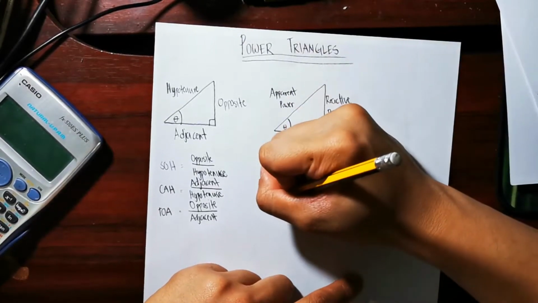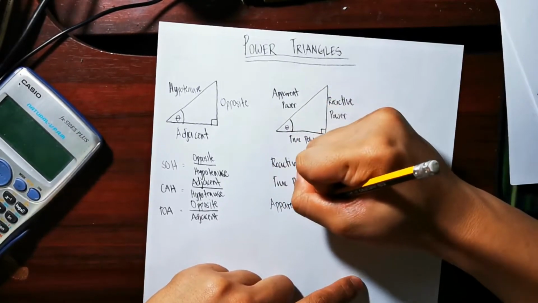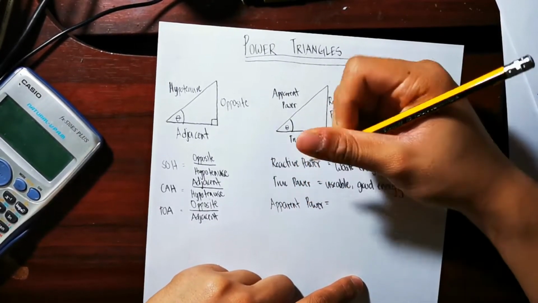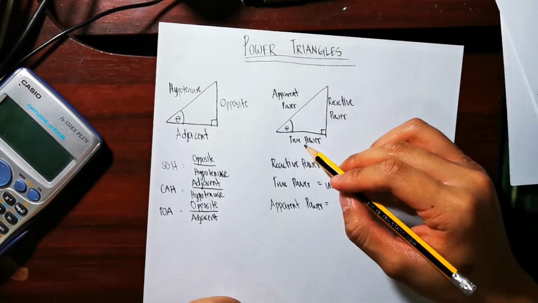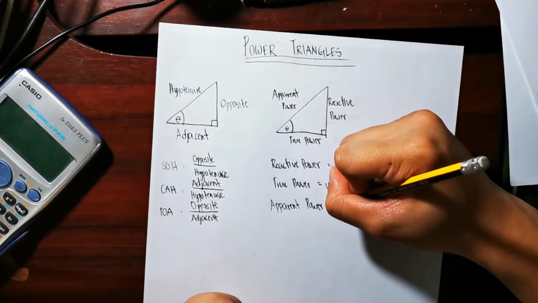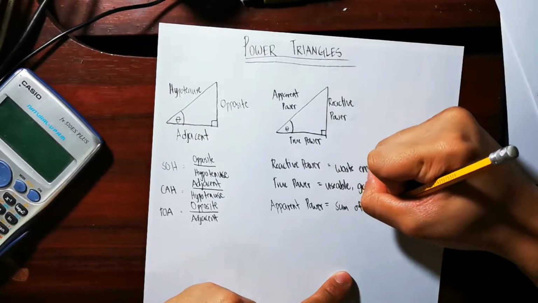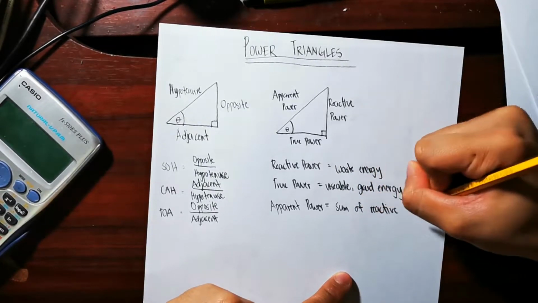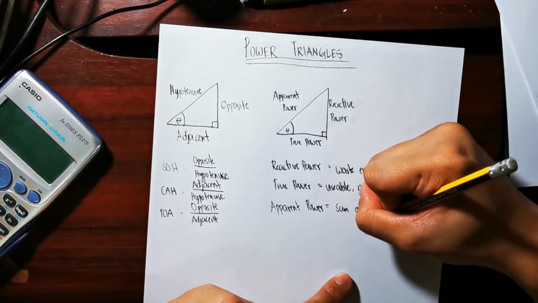Whilst apparent power is the total summation of these two powers, the sum of reactive and true power.